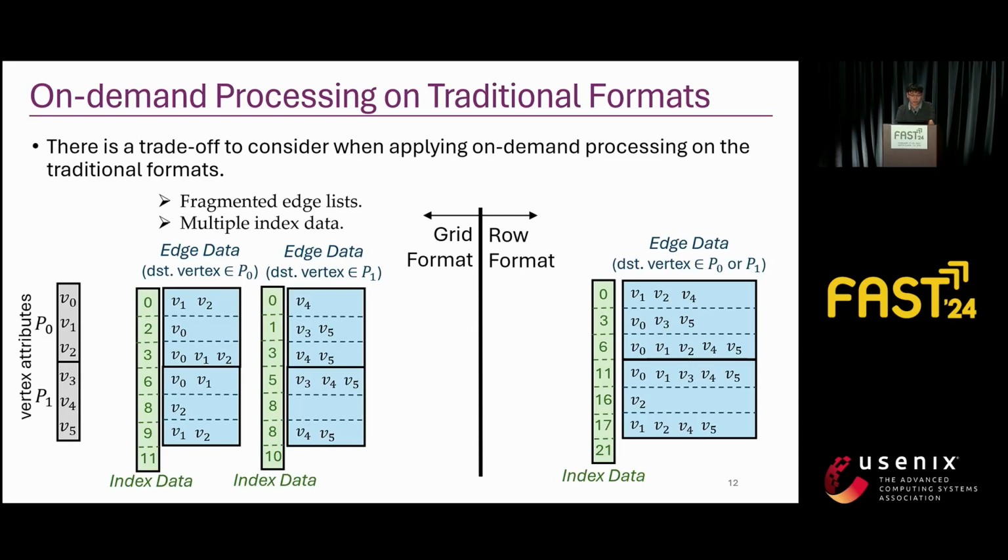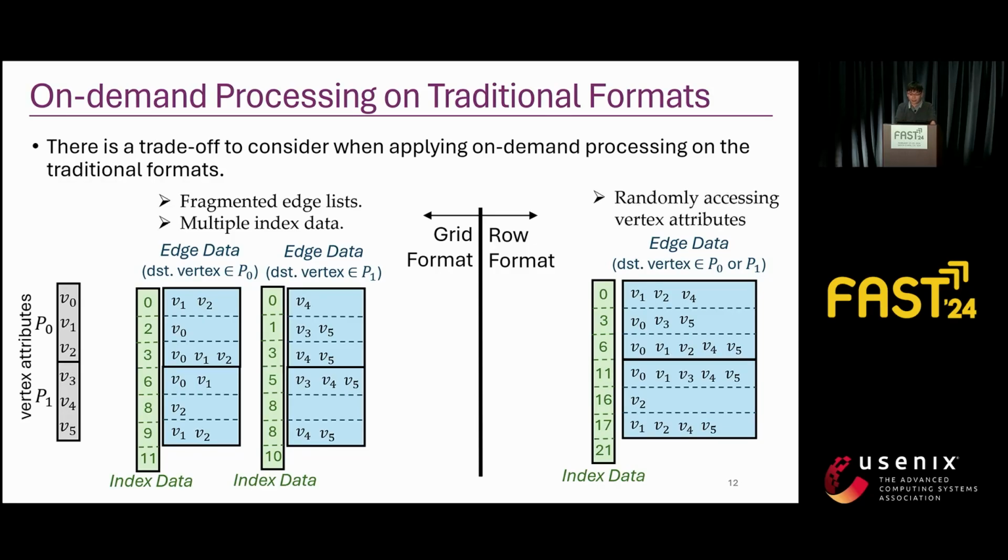The first is a fragmented edge list: the edge list of a vertex is split into different grids, so we need to issue more IOs to retrieve it. The other issue is multiple index data, because we need to locate all the edges in every grid. So the overhead of reading the index data increases proportionally with the number of partitions.